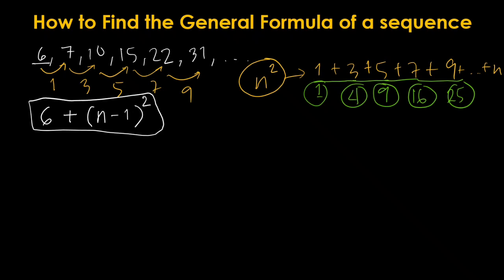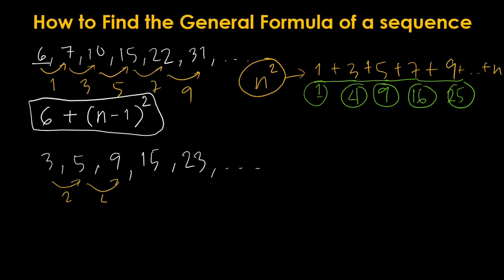Now, suppose we have this sequence: 3, 5, 9, 15, 23, and so on and so forth. As usual, the first thing we do is check the differences. This is 2 here.